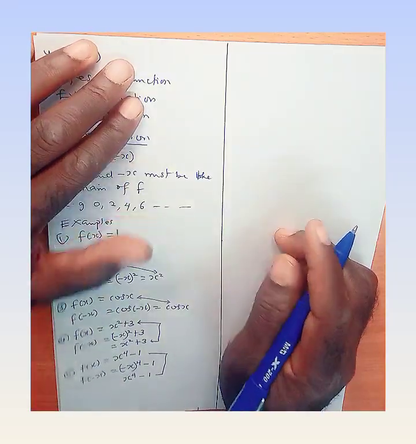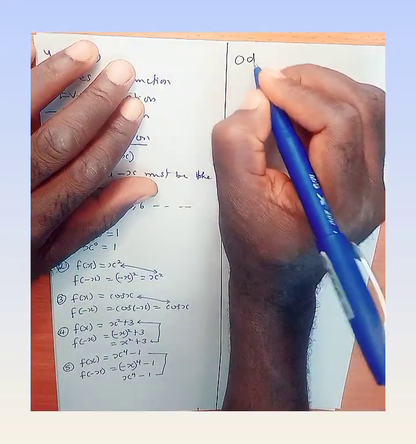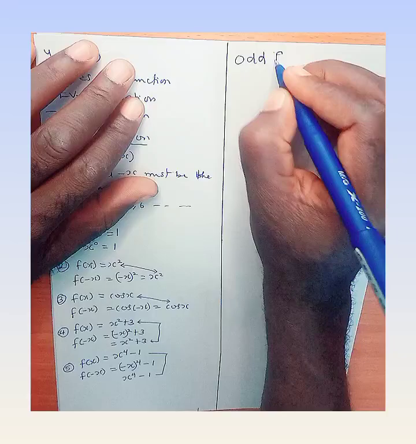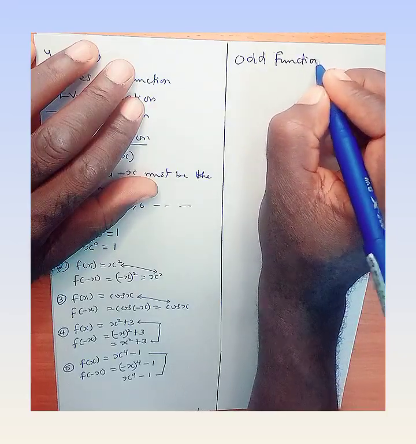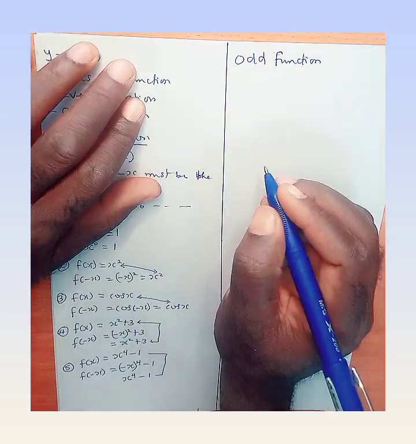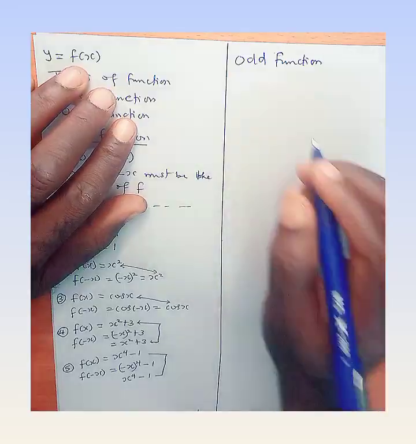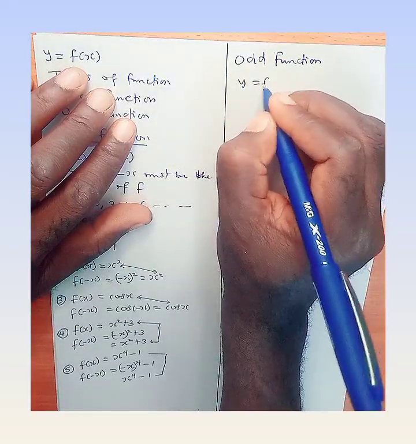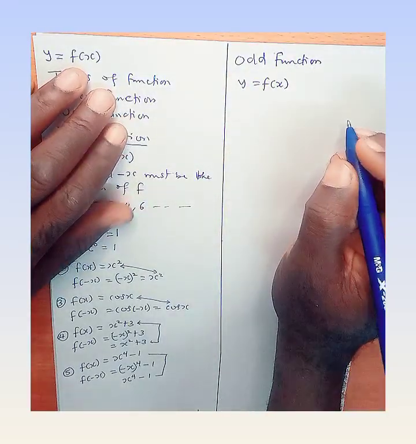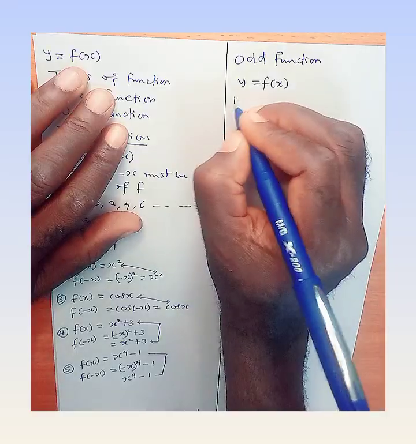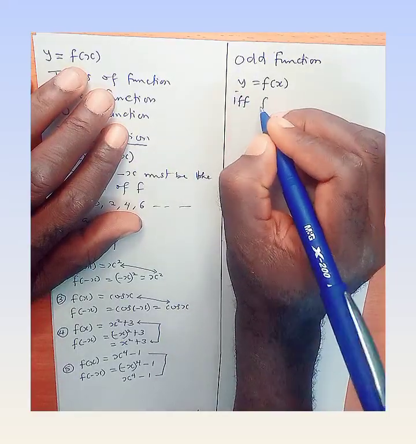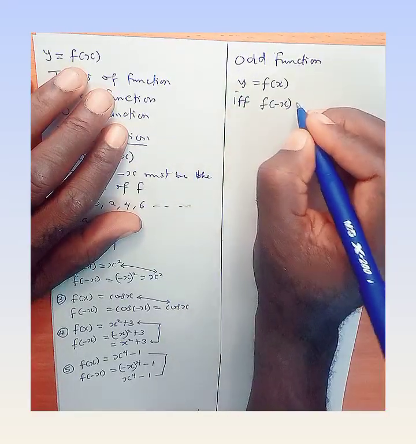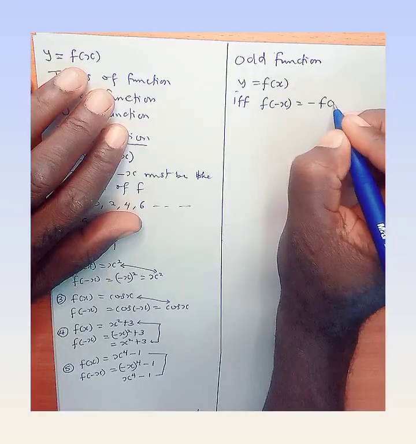Now let us take a look at odd function. A function y is equal to f of x is said to be odd if and only if f of minus x is equal to minus f of x.